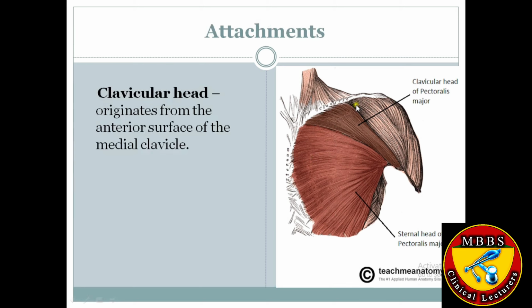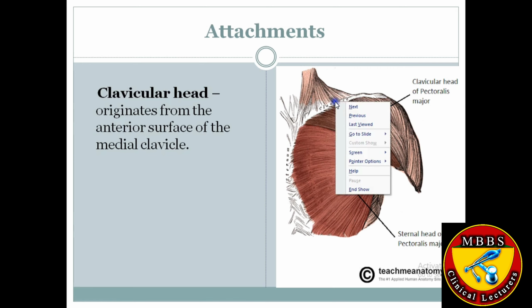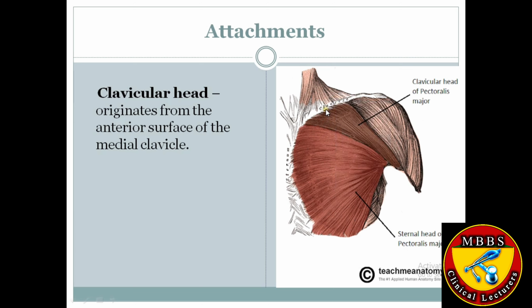Clavicular head of the pectoralis major. It originates from the anterior surface of the medial clavicle. As we know, the clavicle is a horizontal bone, so it has an upper surface, which is called the anterior surface, and a lower surface, which is called the posterior surface. So the clavicular head originates from the upper, that is the anterior, surface of the clavicle.